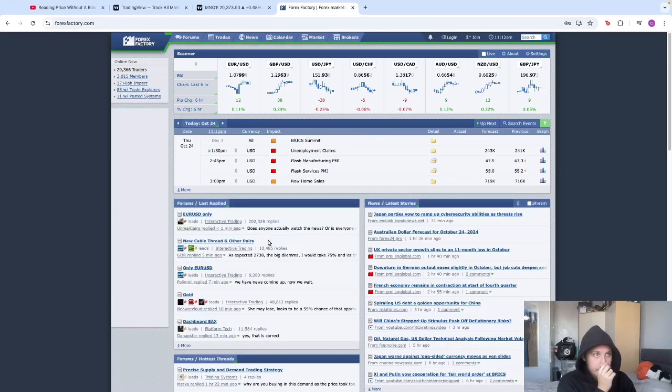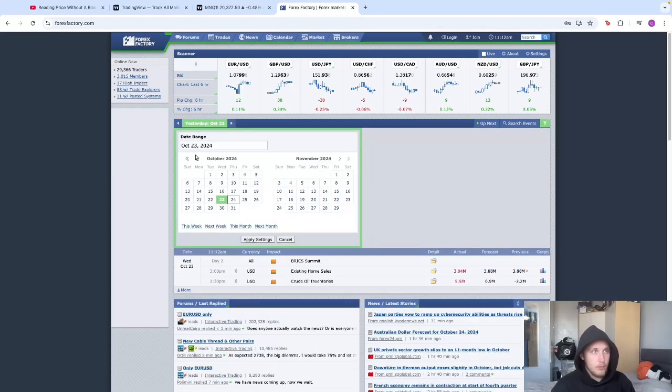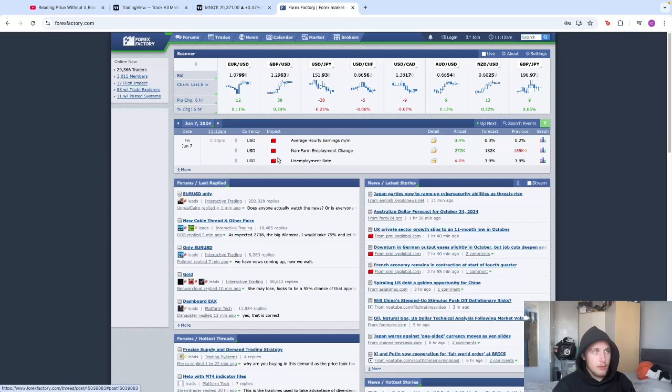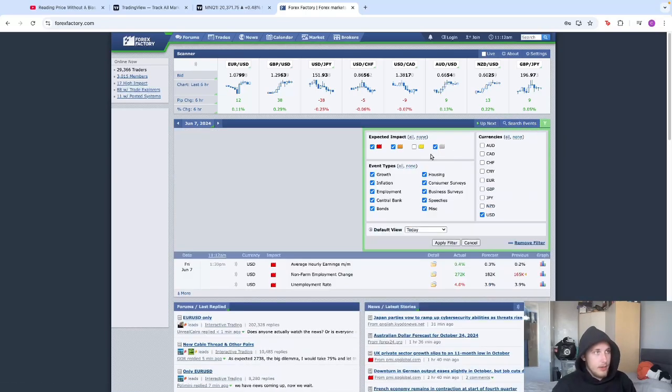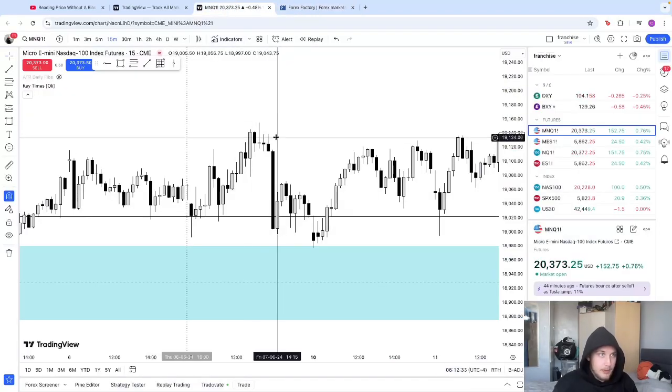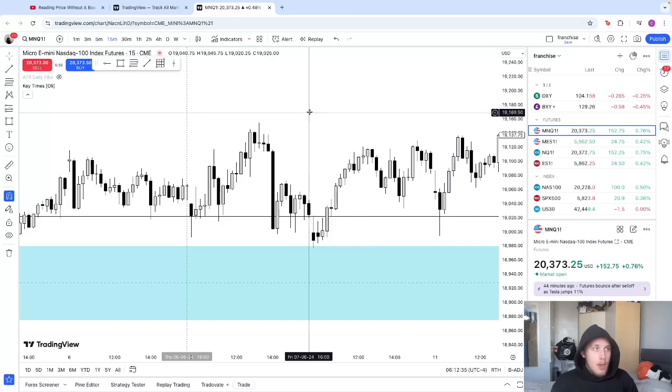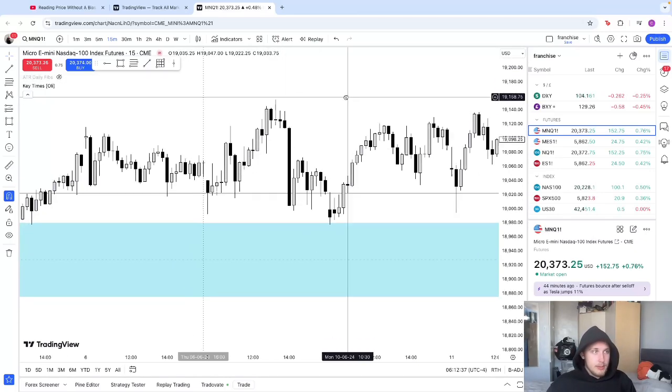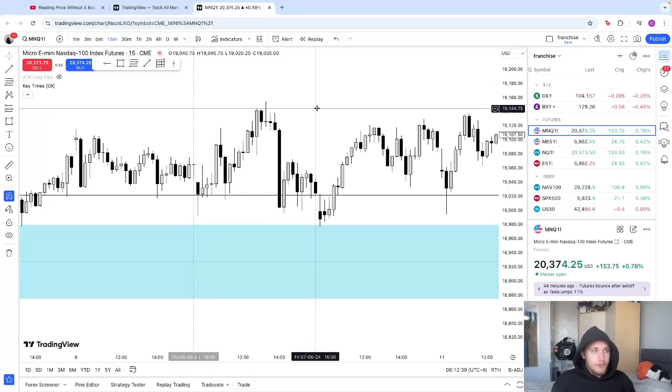Should work. That is not what I wanted. There we go. So we didn't actually have anything really relevant. So we just had a big displacement candle down.